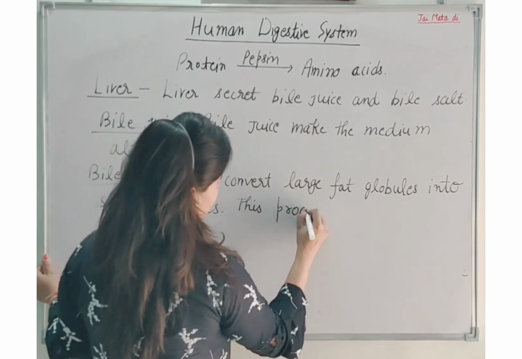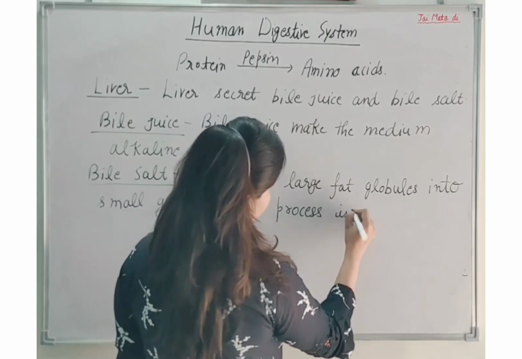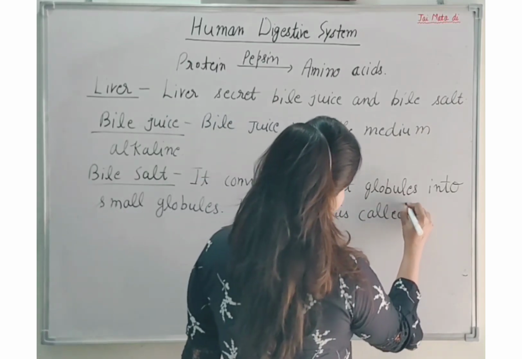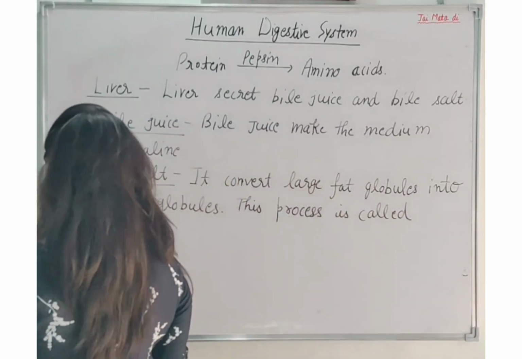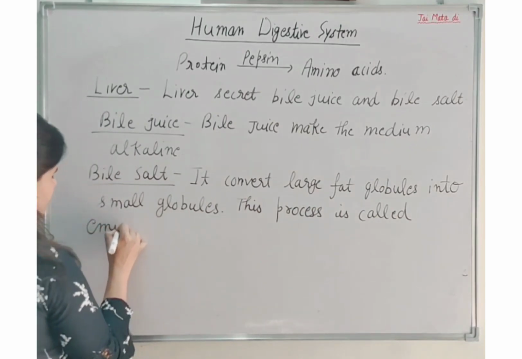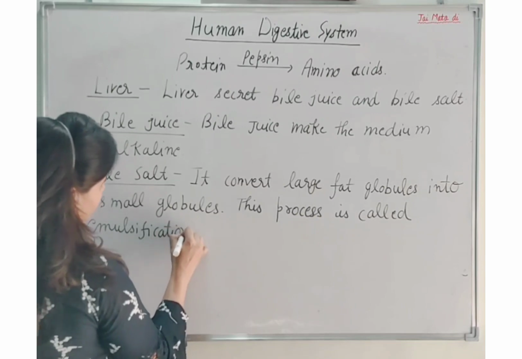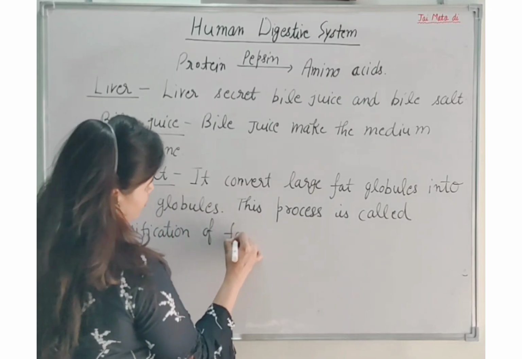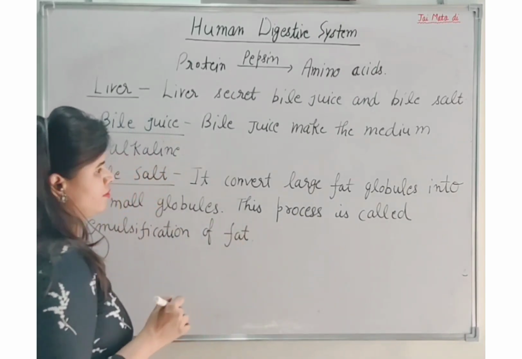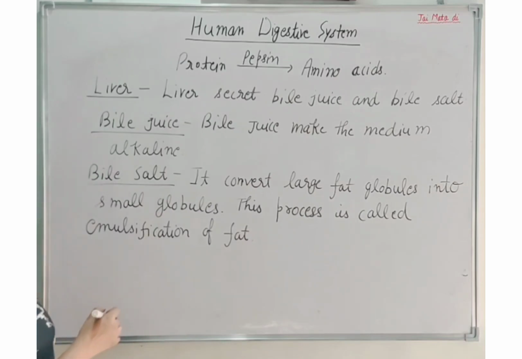This process is called emulsification of fat. Okay. Next, gallbladder.